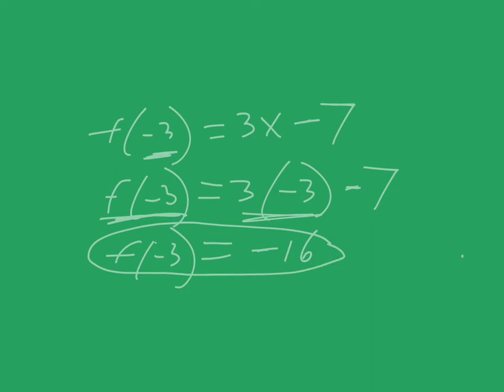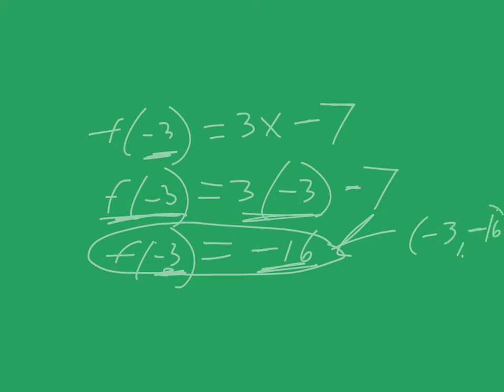Now, if we weren't doing function notation and we were just doing x and y, then the y value would be negative 16, and it still is. But again, what it's saying here is we plugged in an x value of negative 3, and what we got out was negative 16. So if we wanted to write this as an ordered pair, it would be negative 3 comma negative 16.